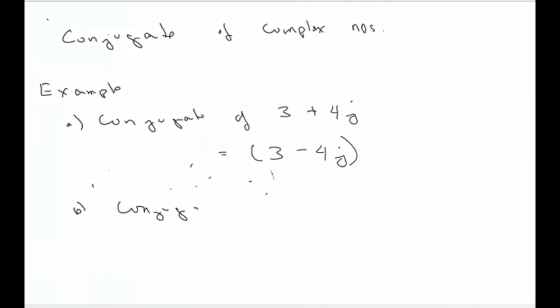If we want to get the conjugate of 5 minus 2j, the conjugate of 5 minus 2j is 5 plus 2j. So you change the sign of the imaginary part when you talk about the conjugate. Now, why do we define what is conjugate? Because we will be using it if we are going to divide complex numbers.